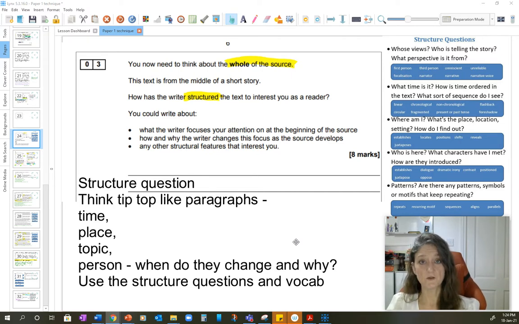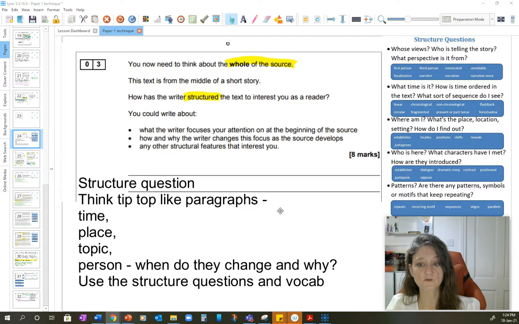If it is now the night before your exam, the night before your assessment, and you haven't got time to learn all of that, then let's keep it simple. Tip-top paragraphs. This is going to work for your question 5s in both paper 1 and paper 2 as well.